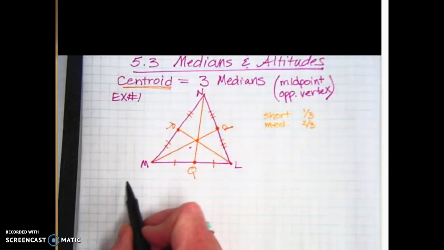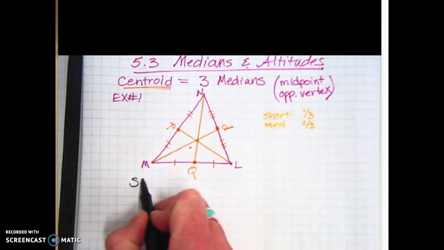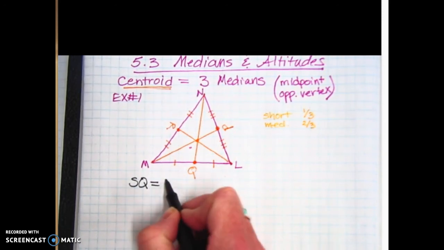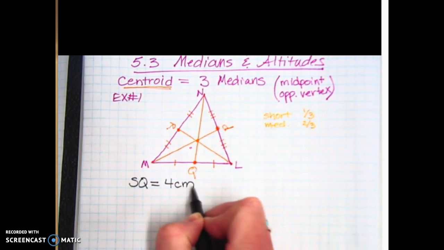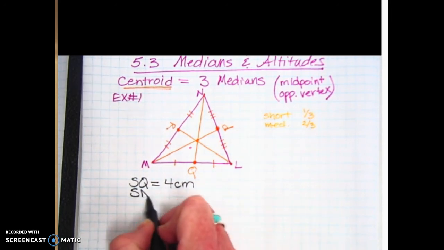The first one we're going to start with is SQ. I'm going to give you SQ at 4 centimeters long. We're going to find SN and QN.